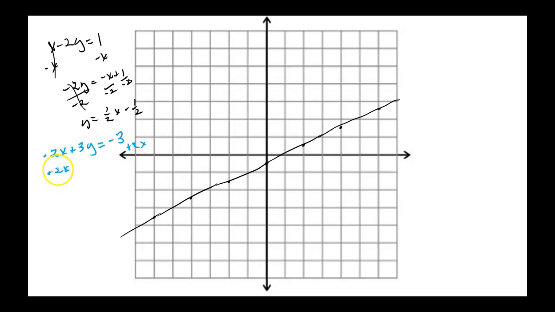And that would give us, that goes to 0. 3y is equal to 2x minus 3, right? Divide every term by 3, and that would give you y is equal to 2/3 x minus 1. And what does that tell you?